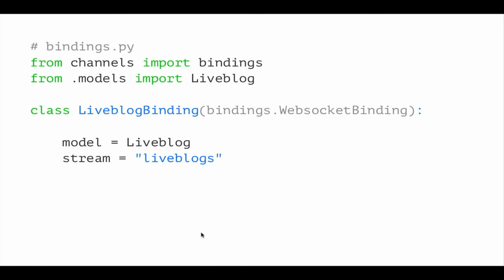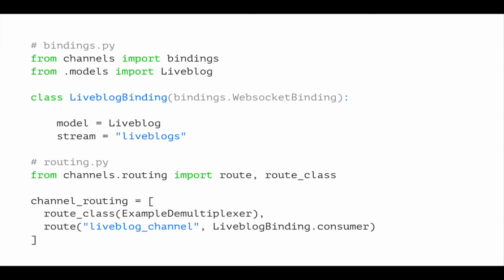On the other side of things, we have a live blog binding class, the WebSocket Binding, and it takes two class level parameters, the model and the stream, live blogs. To route this, the class will be a little bit different than our previous example.